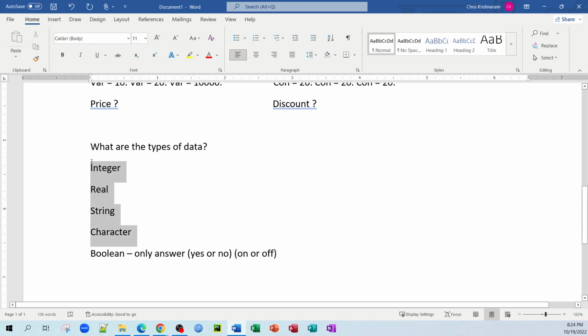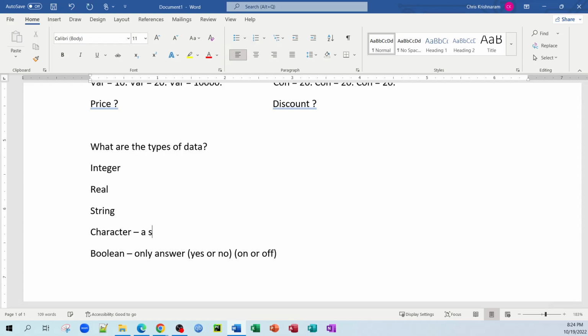Now what's character, string, and integer? Sir, character is a single letter or symbol or number. String is a combination of those letters, symbols, or numbers. A real is like a decimal. An integer is either a positive or a negative number.